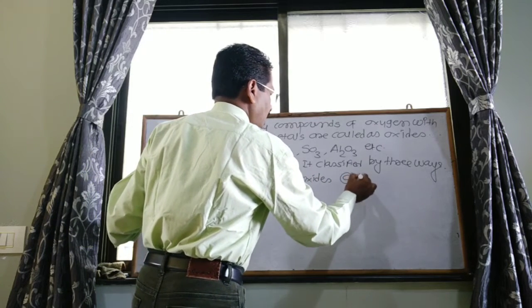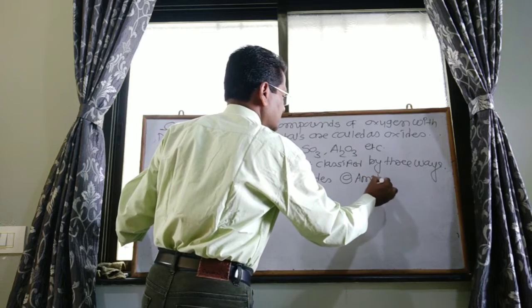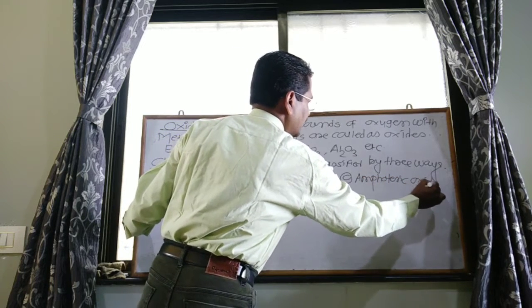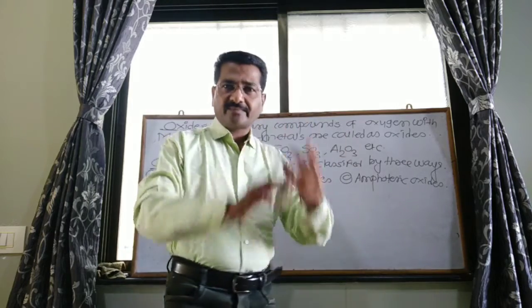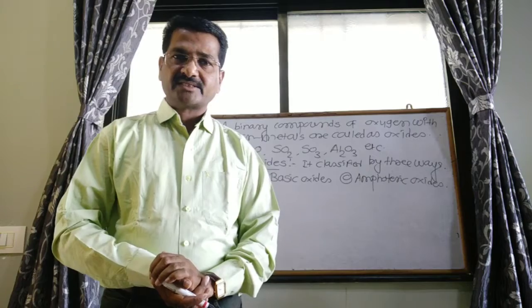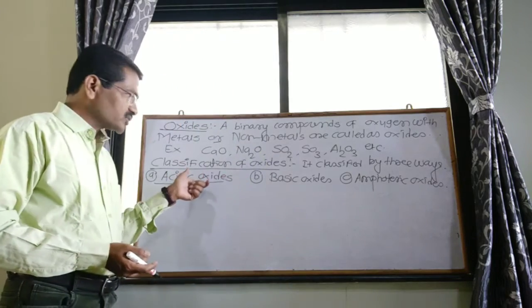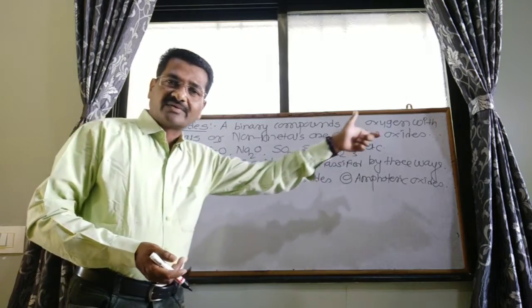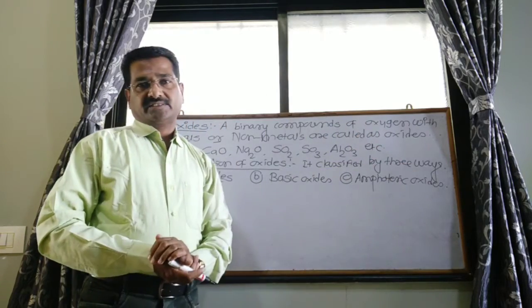Third, amphoteric oxides. Actually, these are the main three classifications of oxides. First is the acidic oxide, second one is the basic oxide, and third one is the amphoteric oxide.